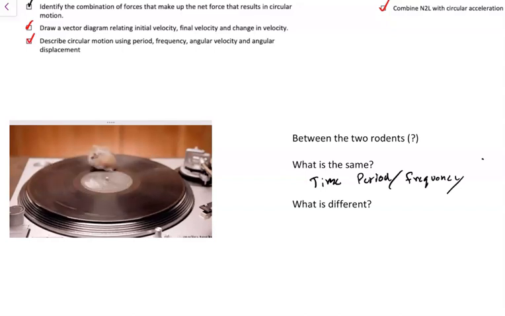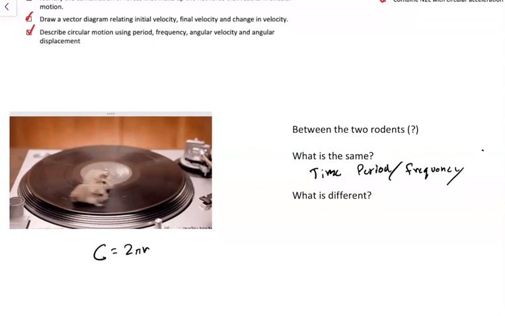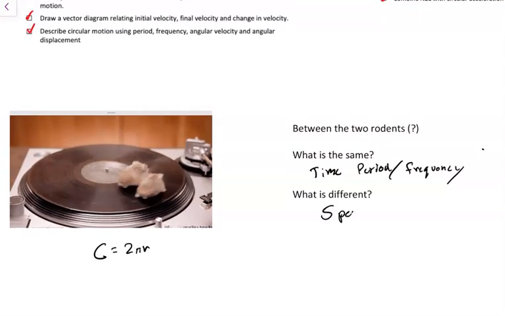Now what is different? And this is a little bit harder to see, but they're at different radii. And since they're on different radii, they will have traveled different distances as they go around the circle. Because we know that for a circle, the circumference is equal to 2 pi r. So what is different is their speed that they're traveling.